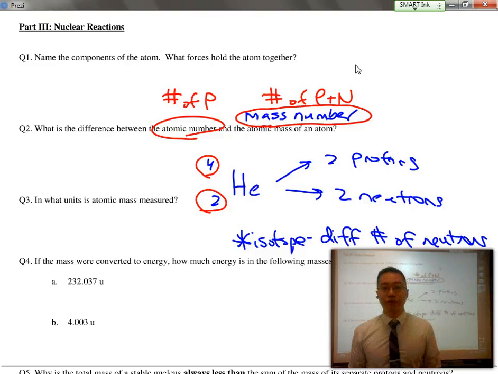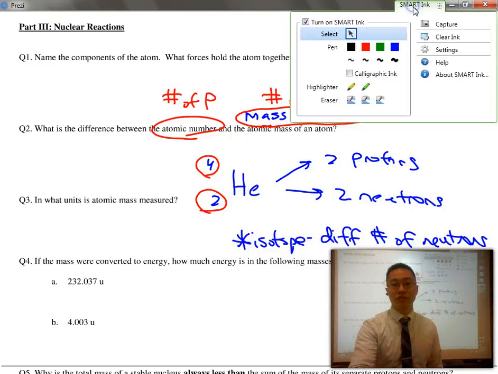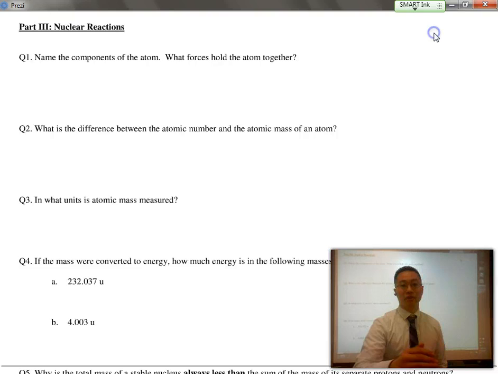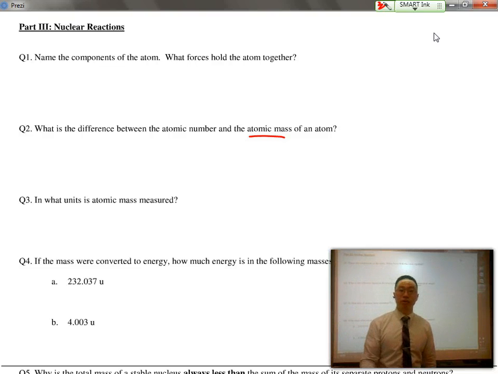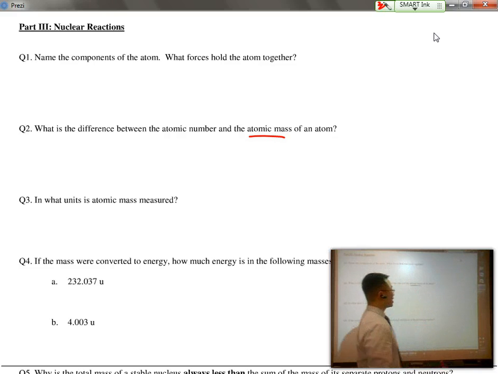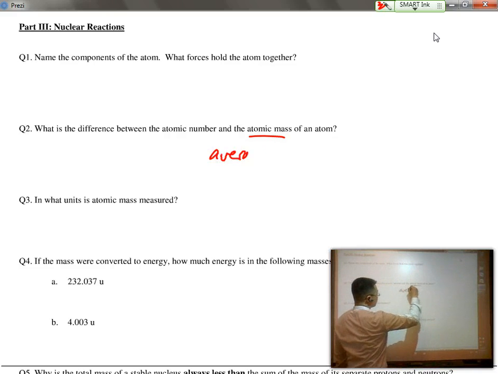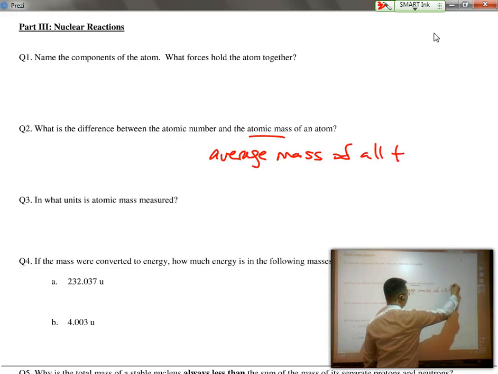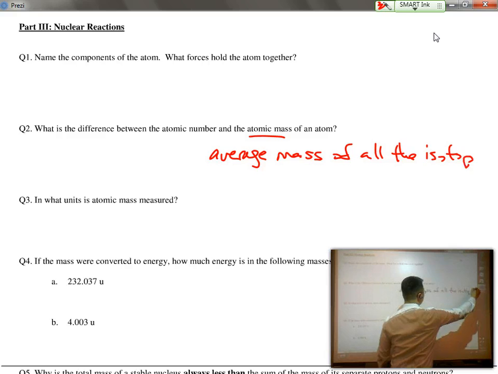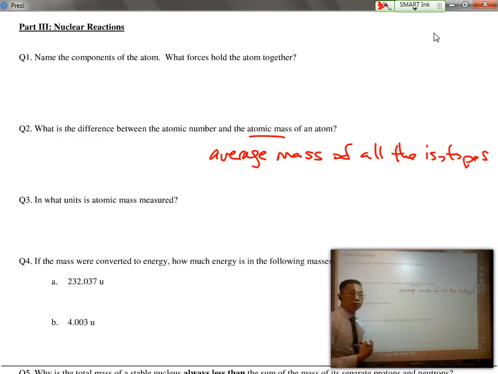Now, before I go any further, I should also quickly review what's the difference between atomic mass and mass number. I've already defined mass number to be the number of protons plus neutrons. The atomic mass is actually an average mass of all the existing isotopes.